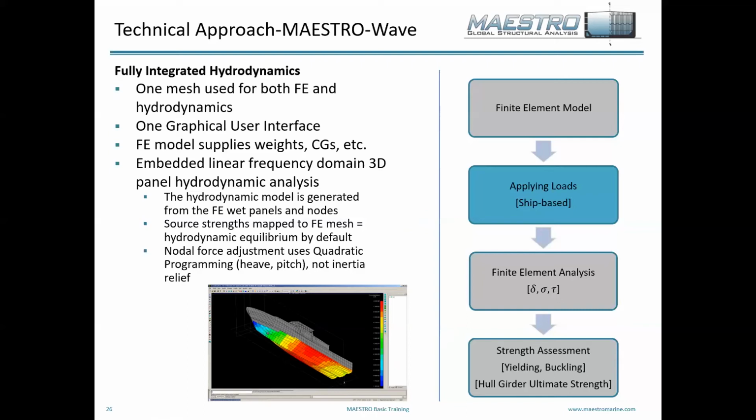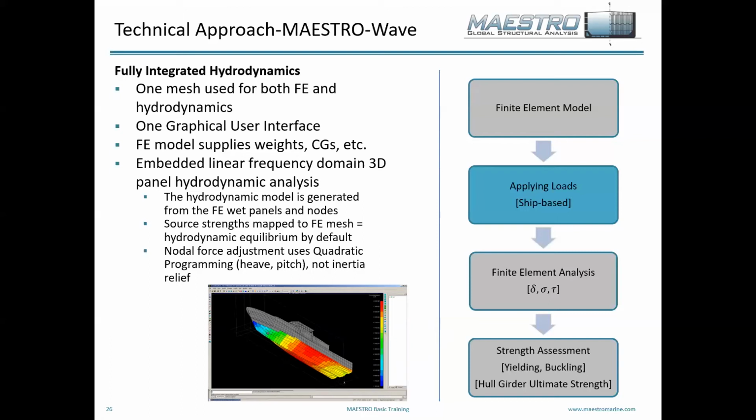In many cases, with the requirements for a lot of these models to be fairly fine nowadays, that mesh can get a little too fine, and you'll have an excess of elements there. There are some capabilities within Maestro where you can merge panels together to create larger panels, where some of the more computationally intensive aspects will operate on those larger panels, but others, such as hydrostatic pressure, which are pretty easy to compute, will still be done at the individual panel level.